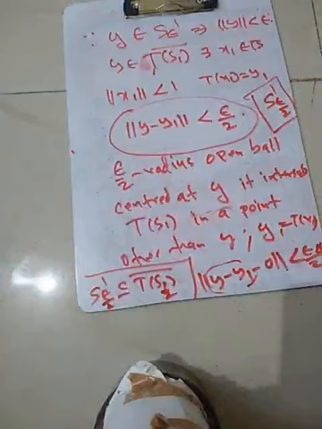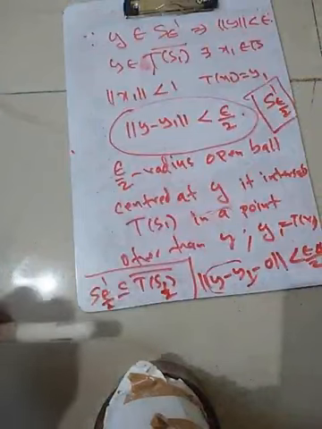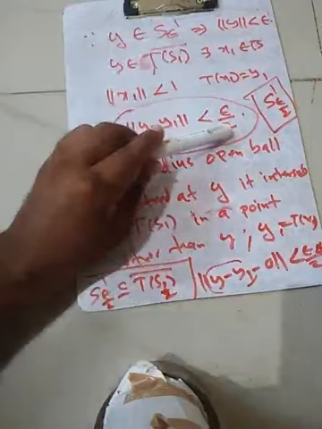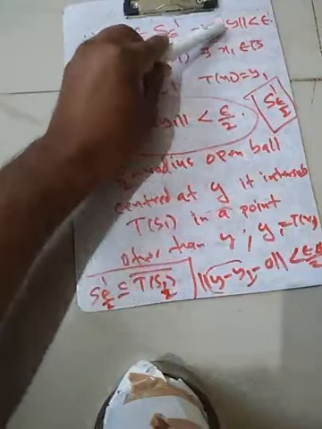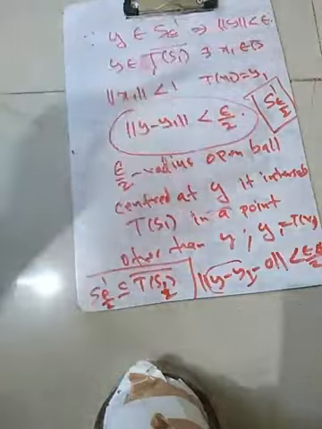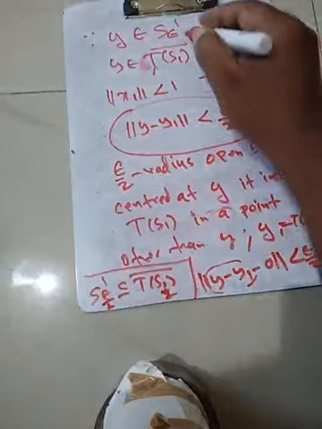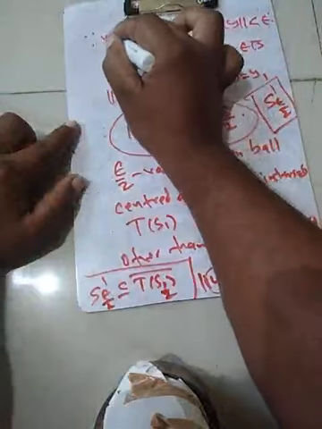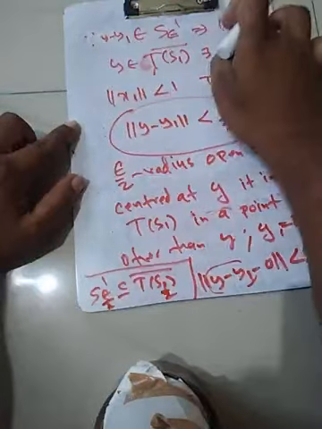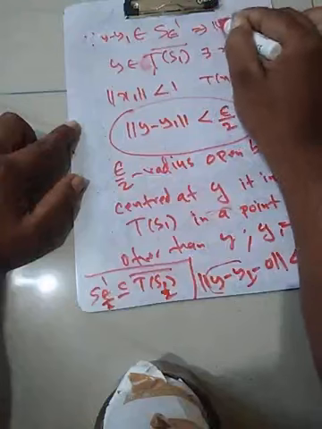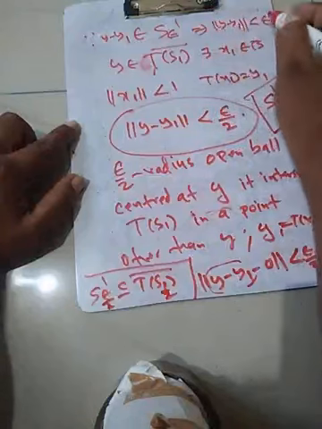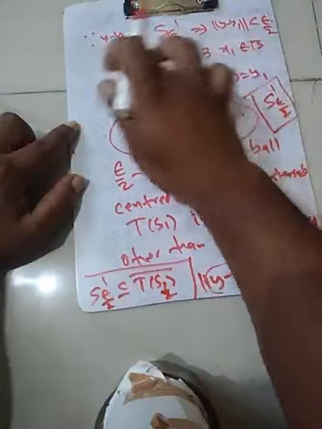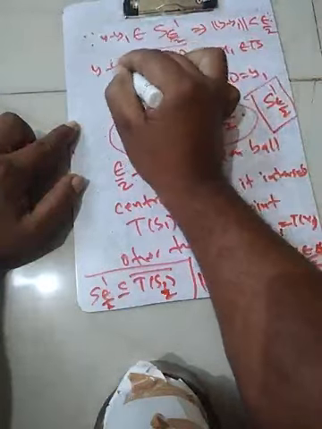Okay. So the same argument here. Now if we apply it, y is replaced with y minus y1, epsilon is replaced with epsilon by 2, and the norm of y is replaced by the norm of y minus y1, which is less than epsilon by 2. So the whole argument would be just replacing these things.